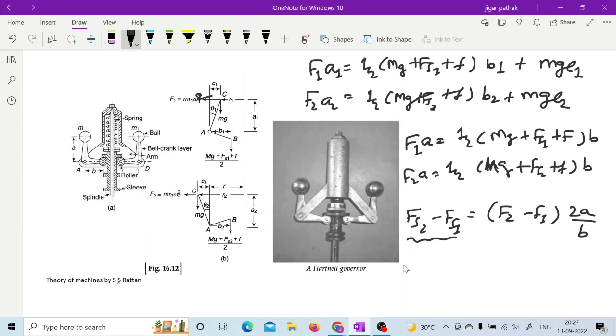So actually this spring force can also be given by this h1 into s, because load per unit deflection is stiffness.